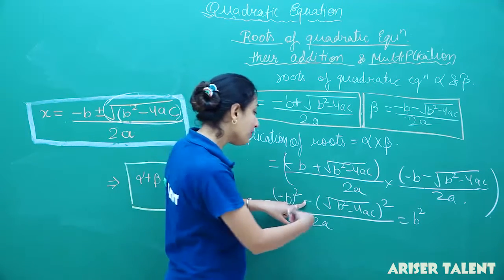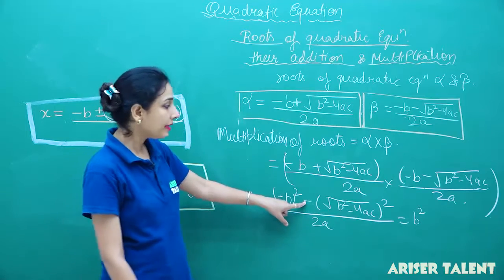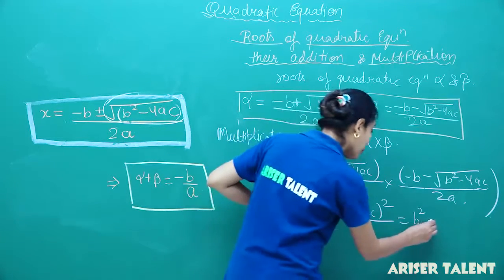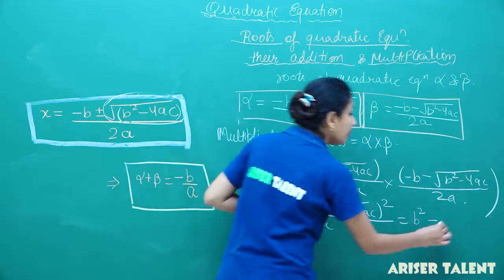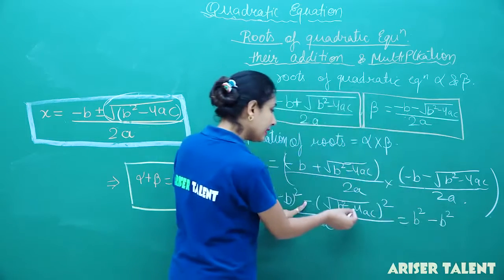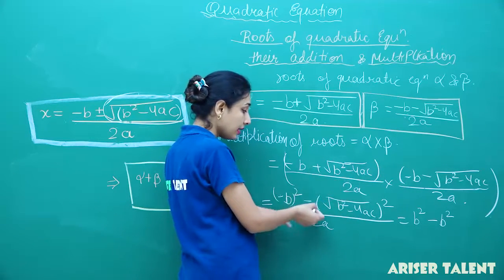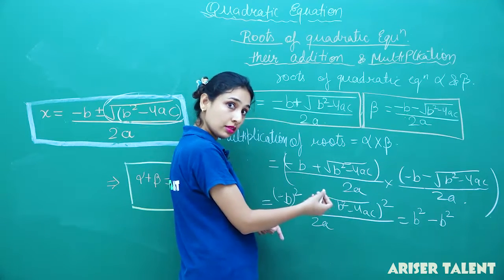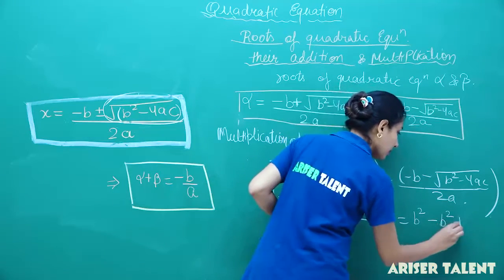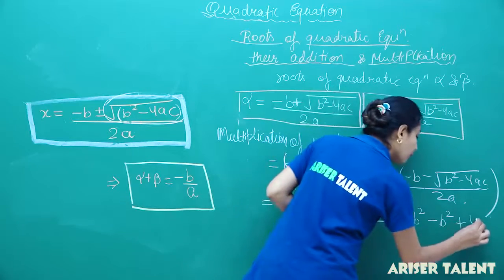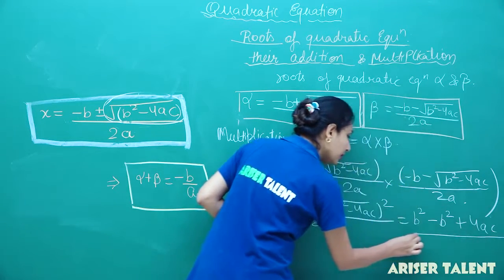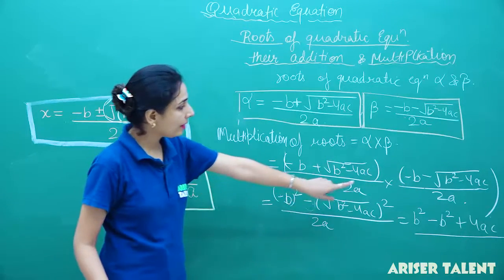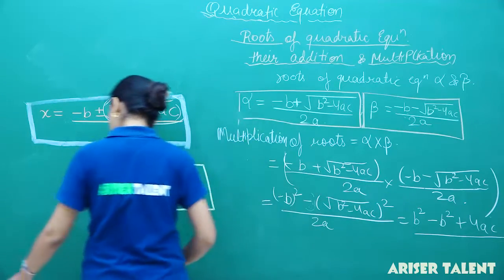So when I calculate this, what will it become? Minus this minus sign, b square. Then this minus will become plus because it is multiplied by this minus sign. So I am writing plus 4ac. Now multiply 2a by 2a, that will become 4a square.